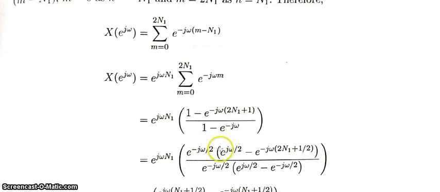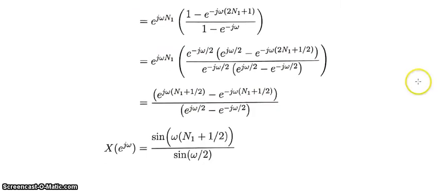Okay, so now we are going to rearrange this term. From the numerator and denominator we take e^{-jω/2} outside. Therefore, in the numerator the term within the bracket is e^{jω/2} minus e^{-jω(2n1 plus 1)/2}, divided by e^{jω/2} minus e^{-jω/2}.